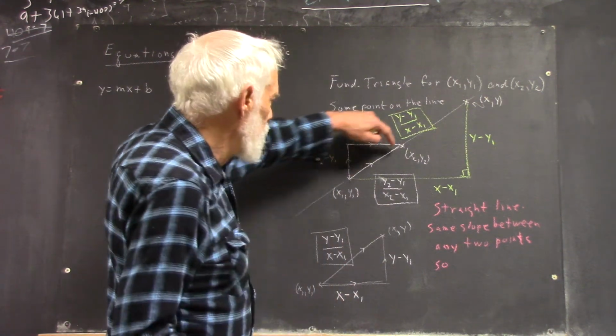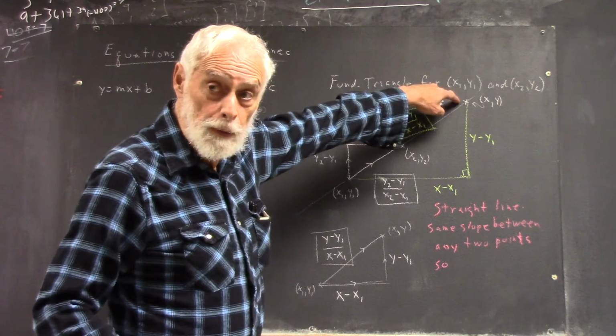This is a slope between 2 points, and this is a slope between 2 points.